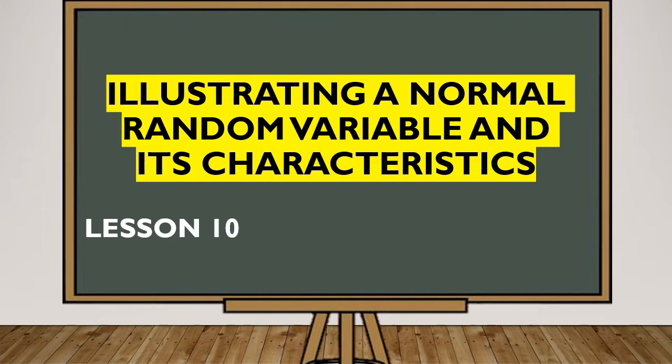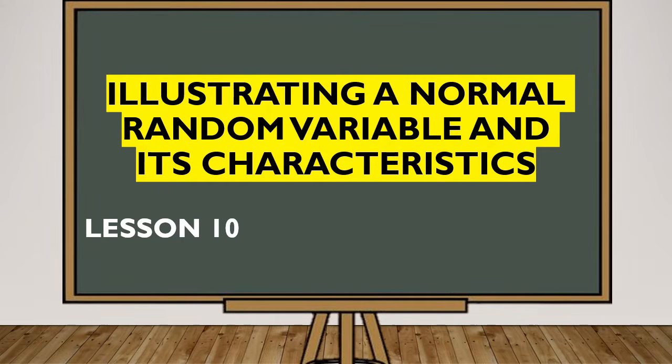So from our previous lessons, from lesson 1 to lesson 9, you have learned about random variables and their probability distributions. In determining the probability distributions, we used samples of discrete data to find their probability distribution. However, remember that a random variable has two types. It's either discrete or continuous.